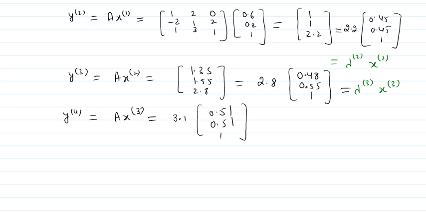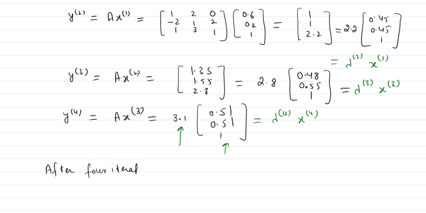So in my notation, if I stop here, this is the eigenvalue and this is the eigenvector. So let us say I am stopping after 4 iterations.